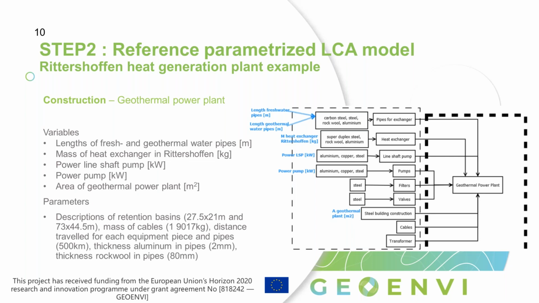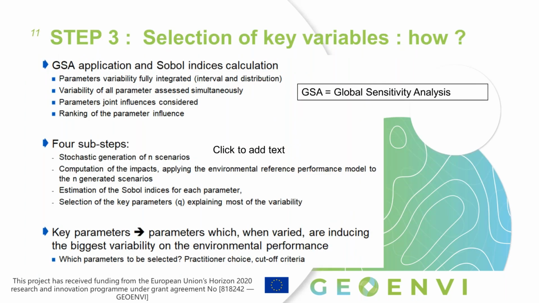So it takes time to define your reference LCA model. Step 3. This is a statistical step where you select your key variables. So how? We apply a global sensitivity analysis on the reference LCA model.